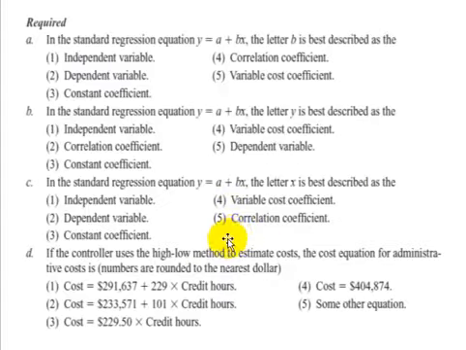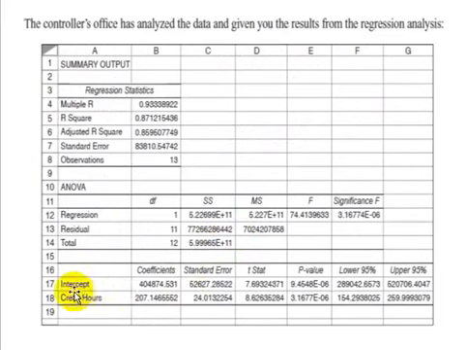From the results of the regression, intercept equals 404,974.5. The coefficient of variable cost equals 207.1.